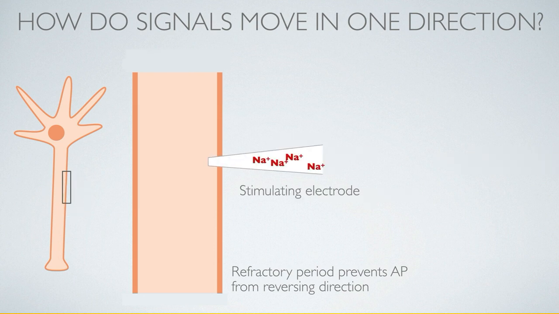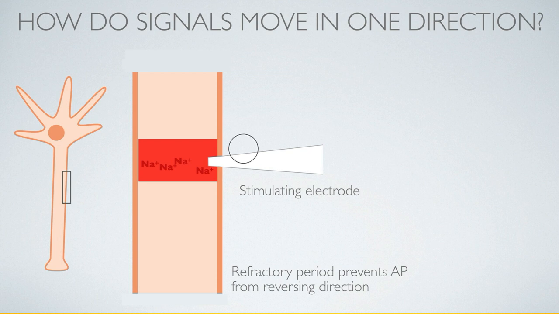So the question would be, in what direction do you get the propagation of an action potential? Let's see what happens. We're introducing sodium. That causes a depolarization in that region. The sodium is going to diffuse in all directions. Sodium itself has no directionality. It's just going to move down its concentration gradient as a population.